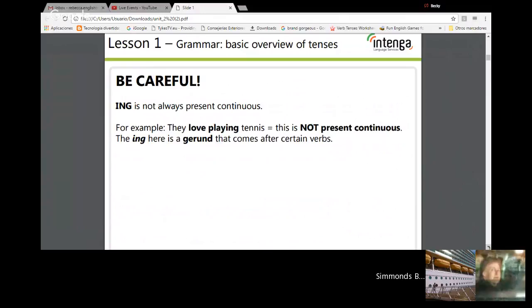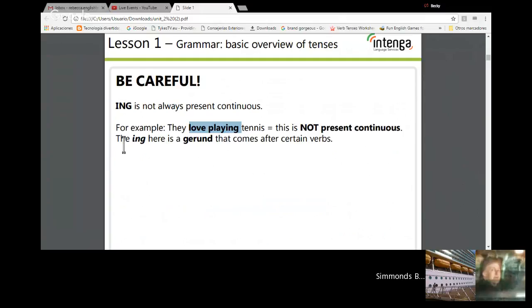For example, they love playing, like my cats are playing right now. They love playing tennis, for example. This is not present continuous. This is a verb pattern. We have two verbs in a row here: the first one, love, second one, play.